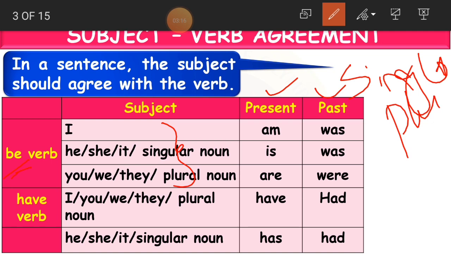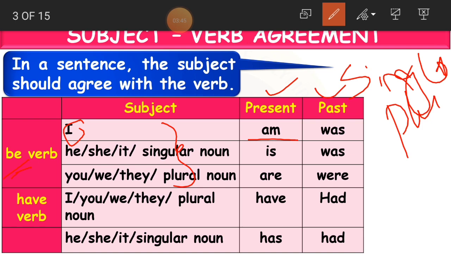Before going into that, I'm sorry, yesterday when I was telling about nouns and pronouns, I said that I is a noun. That was a mistake. I comes under pronoun. So please rectify that, children. Today we will continue with this. When I is the subject and the sentence is in the present tense, we have to use am.